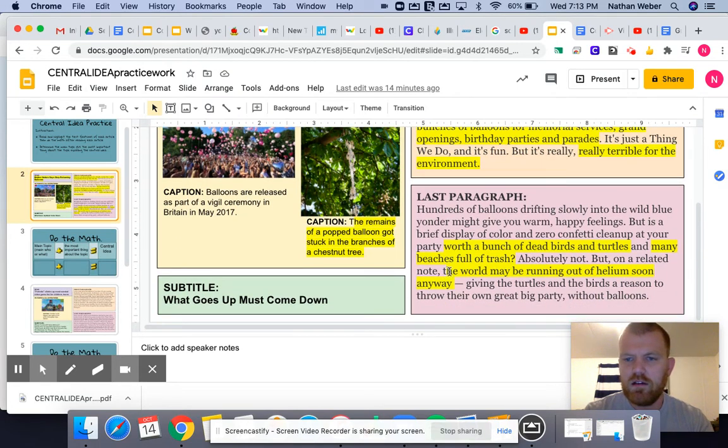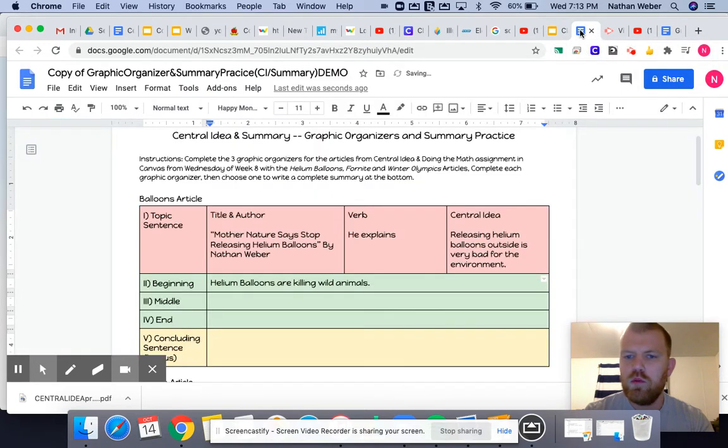Our second detail is it's littering and putting trash all over beaches. And then we'll put that in for our second detail. The balloons come back down and they are litter.